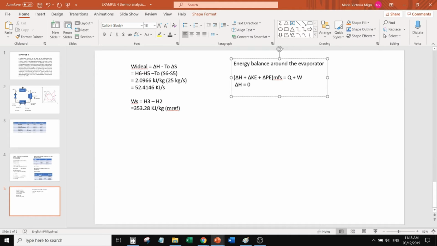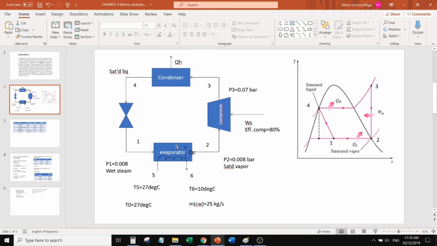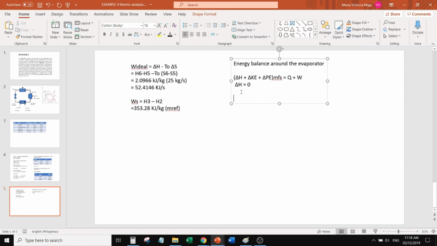So we add all the inputs. Output minus input is just equal to 0. So what are the outputs? H2 and H6.